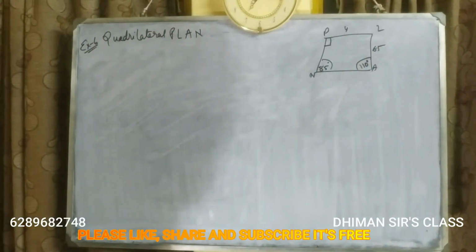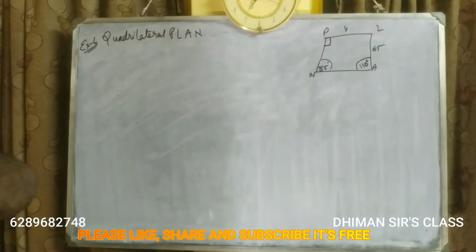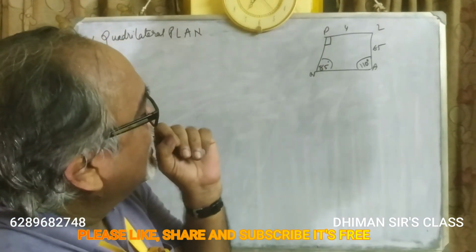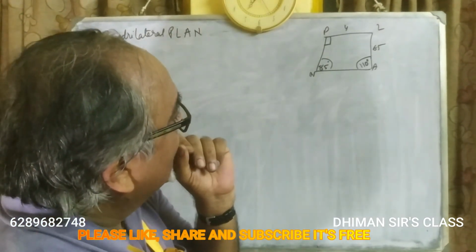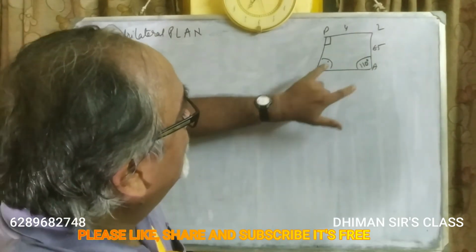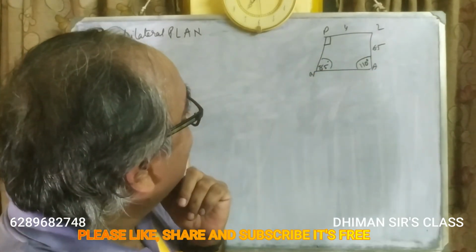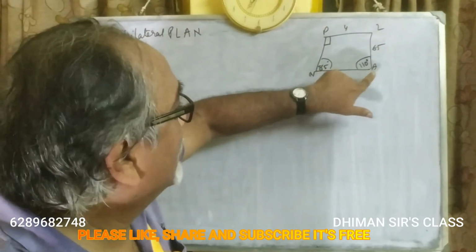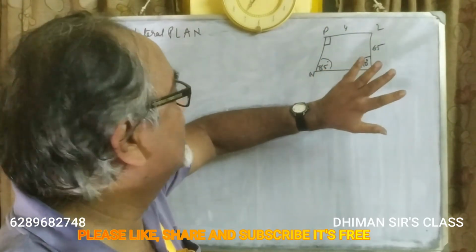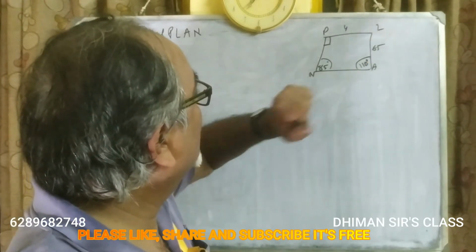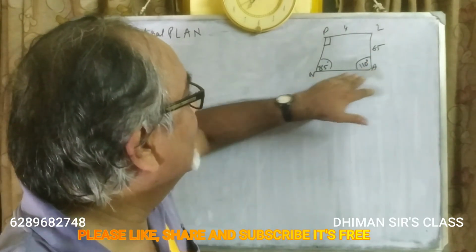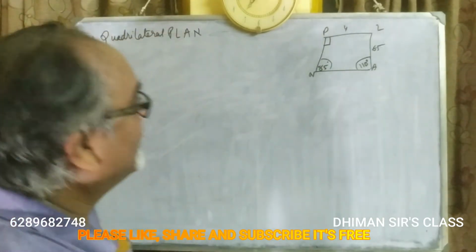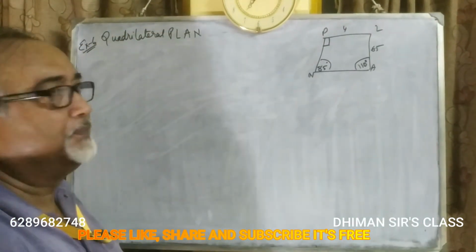So, sir, according to this figure, it is very clear that 3 angles are given and 2 sides are given. On the base there are 2 angles, fantastic, no problem. But sir, how long will this A and B be? We don't know. So, we cannot construct here.